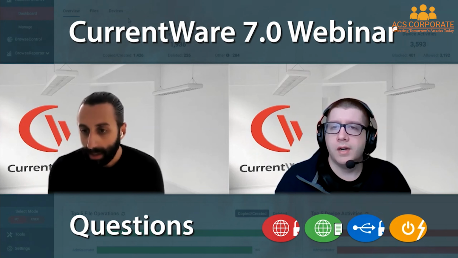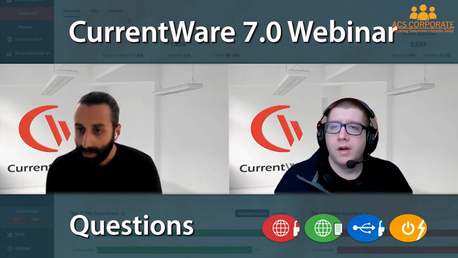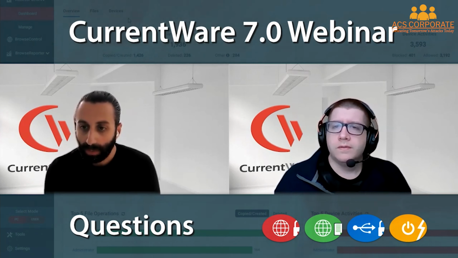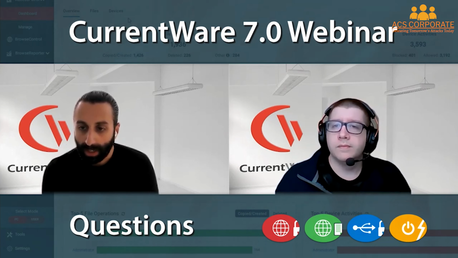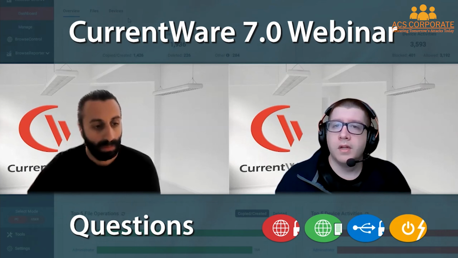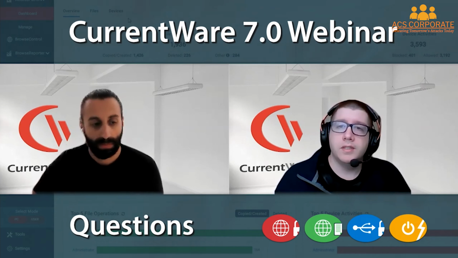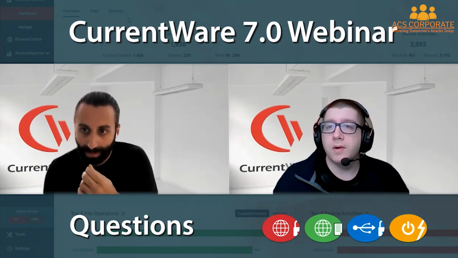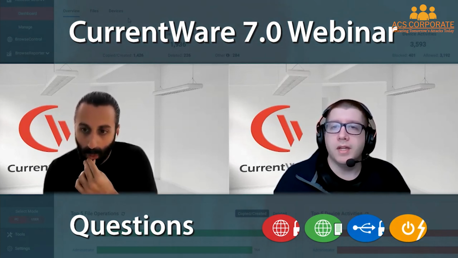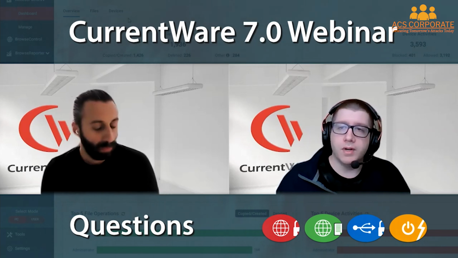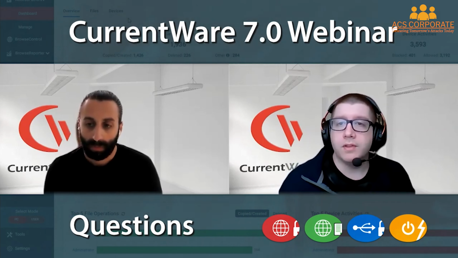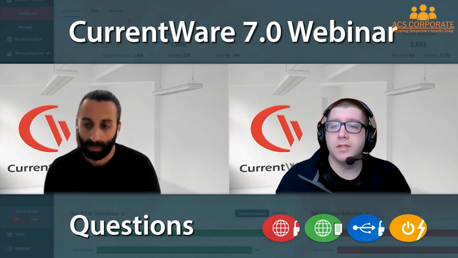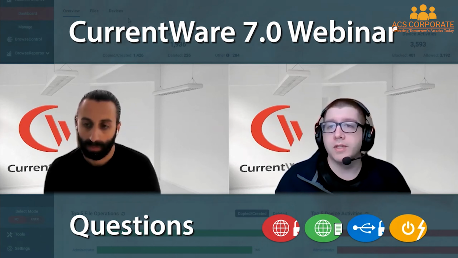We have a question from Jason. Can you elaborate more on URL filtering? We're currently using OpenDNS Cisco Umbrella. Will this be a direct replacement? That's a good question, Jason. So OpenDNS, the Cisco Umbrella, I believe that is one of the main competitors that we have a lot of end users and administrators come over from.